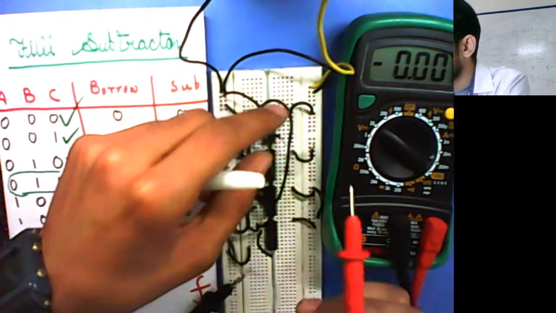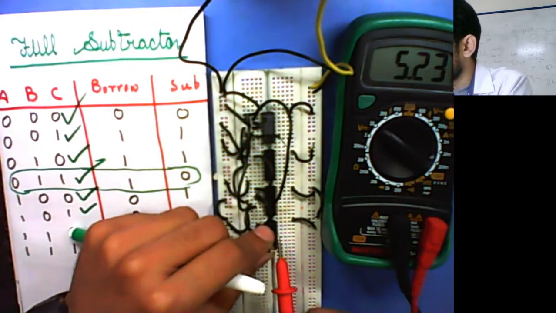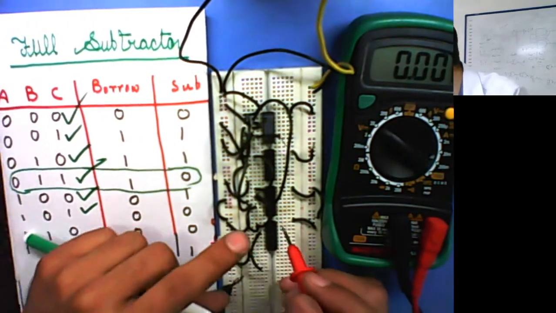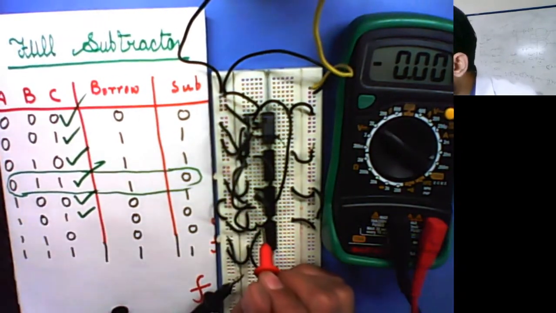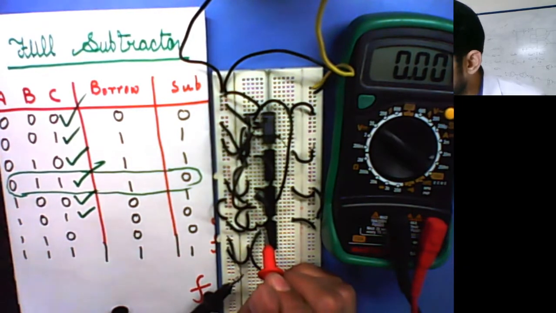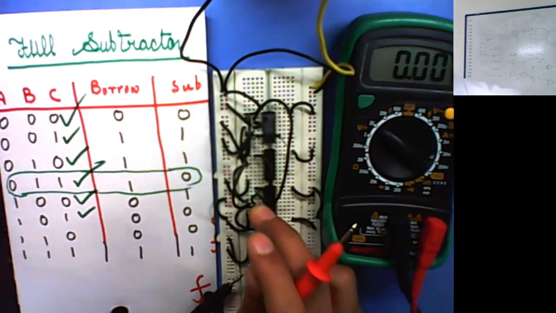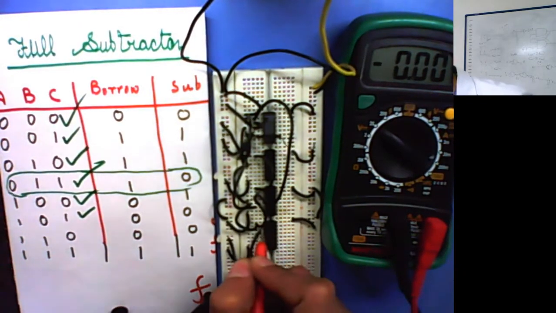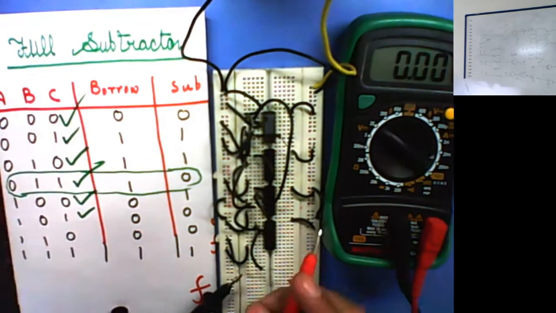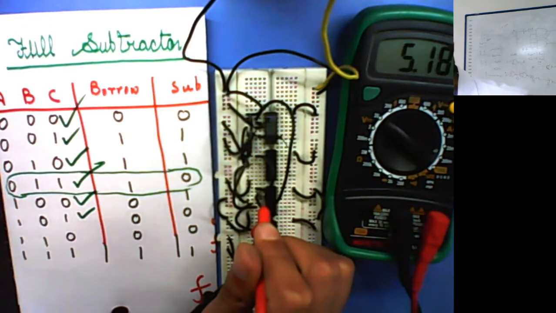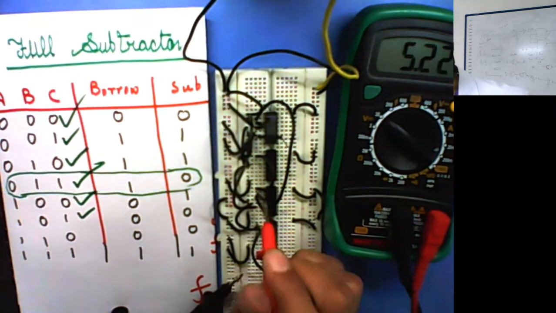This is coming out to be 0, this is coming out to be 1, and you have to check why this is coming out to be 5. So we will back propagate. Back propagate means we check the AND gate IC to see which input is coming as 1. What is happening here is this is my A dot B, and the answer is coming out to be 5.